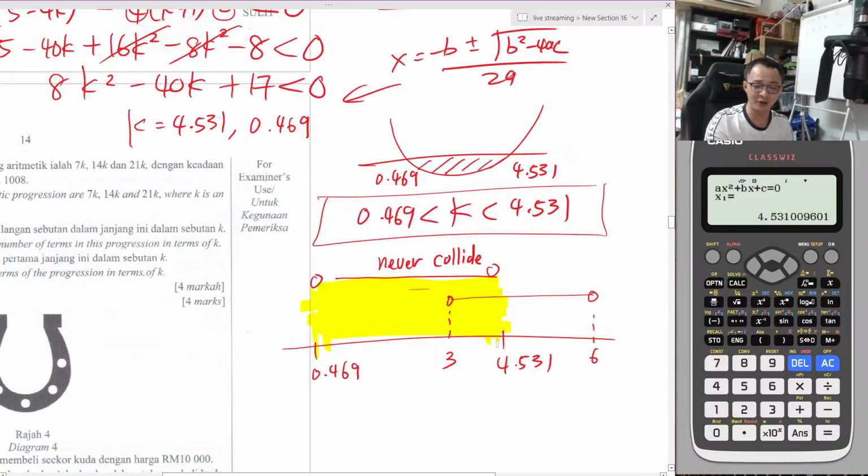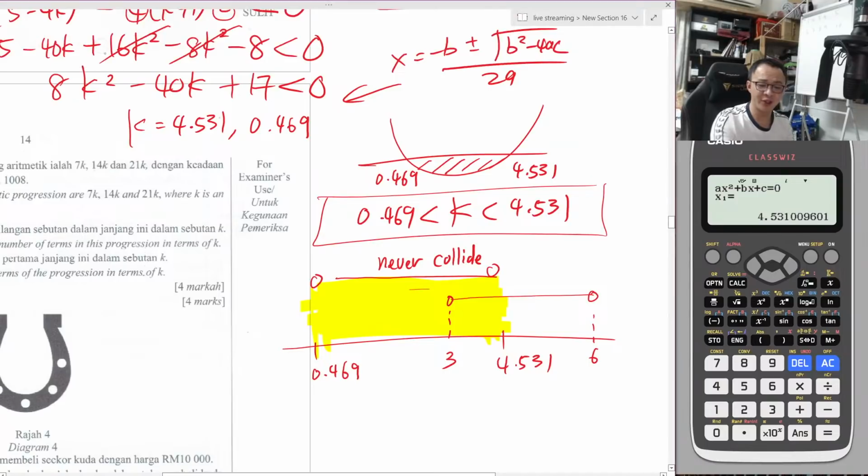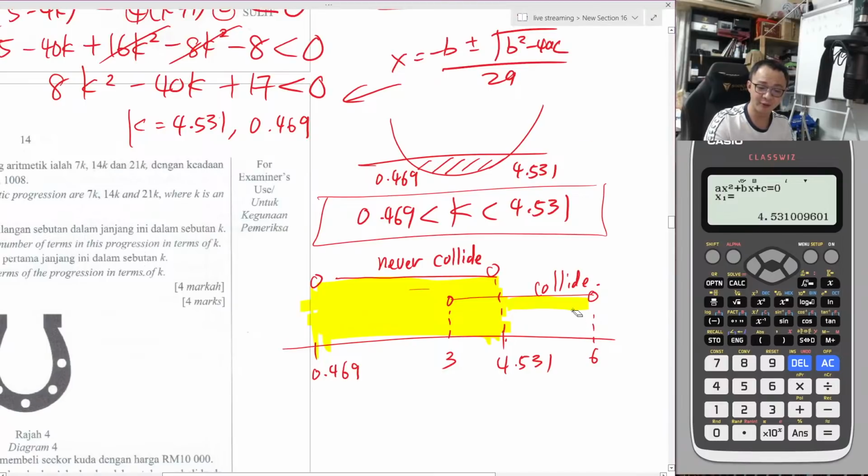So all the values here I cannot take, because over here they will never collide. So therefore the collision is only over here. So the green color part, I don't know what happened to my mouse cursor, this one is the area where they will collide.